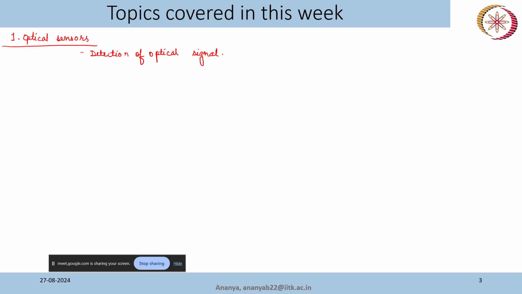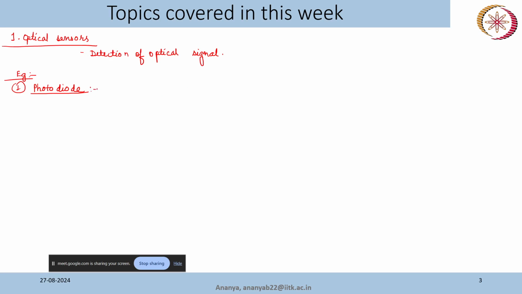Those can be direct or indirect. Those were covered in the lecture videos. There are a few examples of optical sensors that were covered. The first example that was discussed was the photodiode. Photodiodes are used for detection of optical signal, and based on the material of the diode, the wavelength of light that it can detect can be varied.